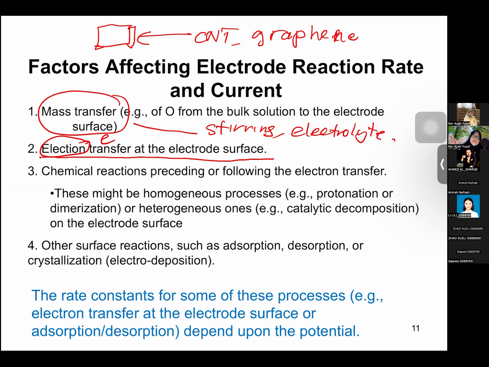I mean, the reductant and the oxidant are there, but the electron transfer must happen very fast. So you need to add some material on top of the electrode so that the electron transfer can be very fast.